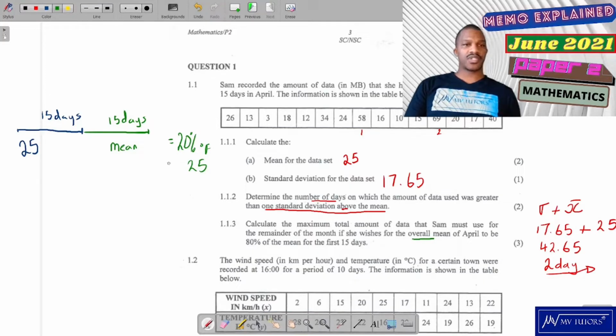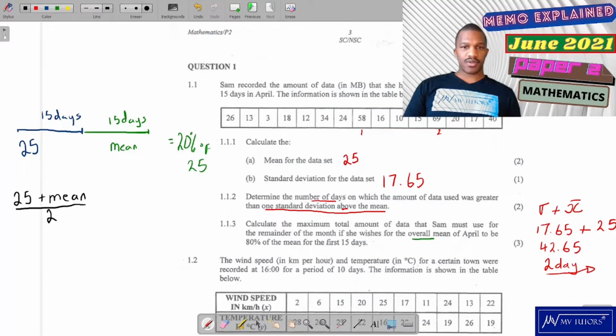Okay, so let's put this in a proper equation now. So they are saying 25 plus the mean that we are looking for, the average of them, if you add them, the average is divided by 2.